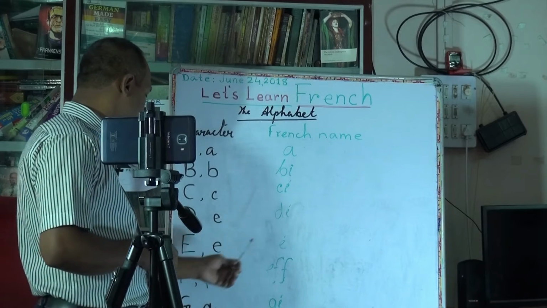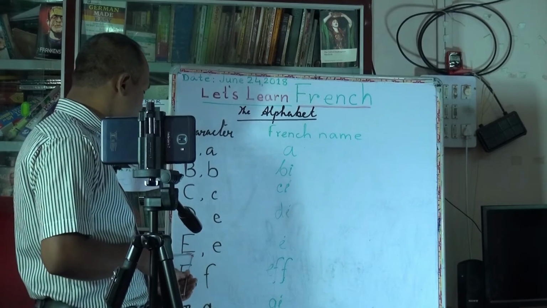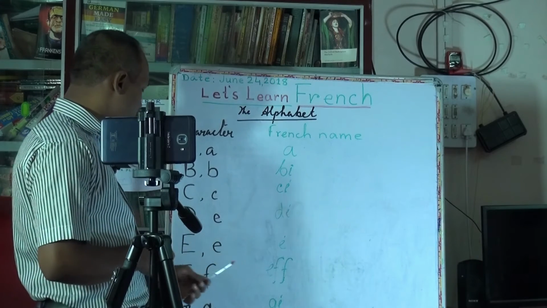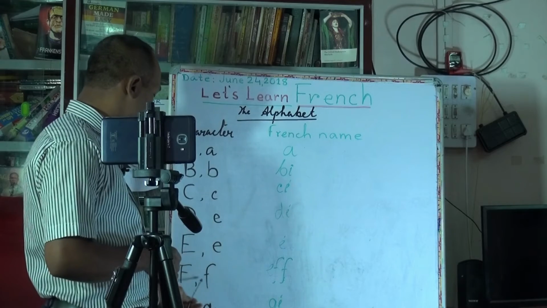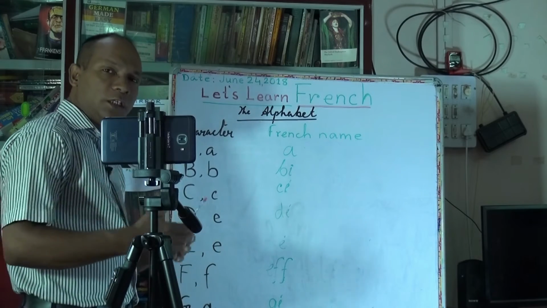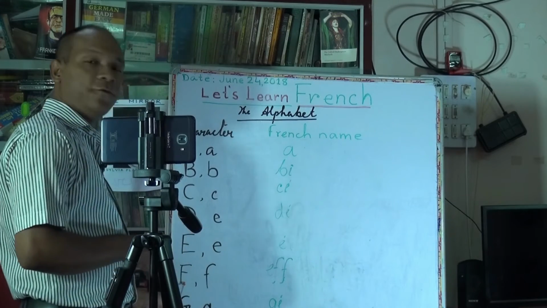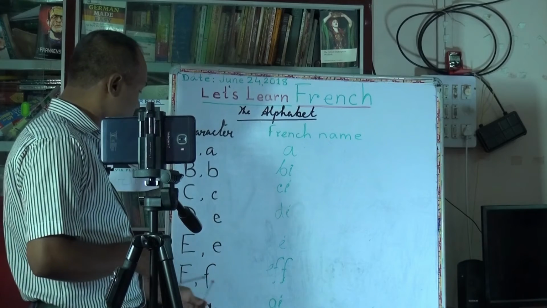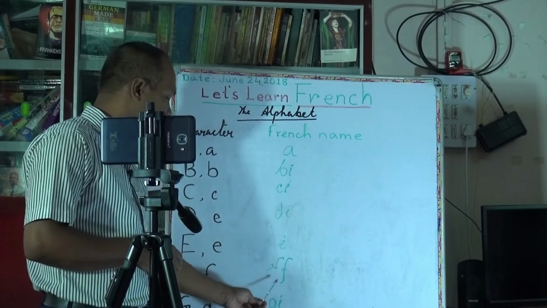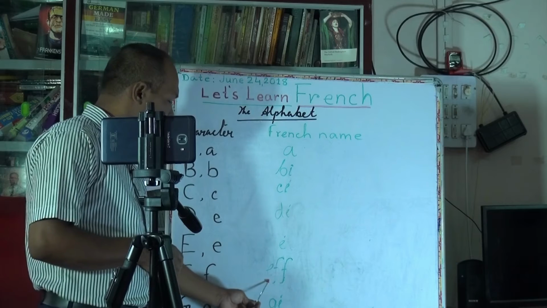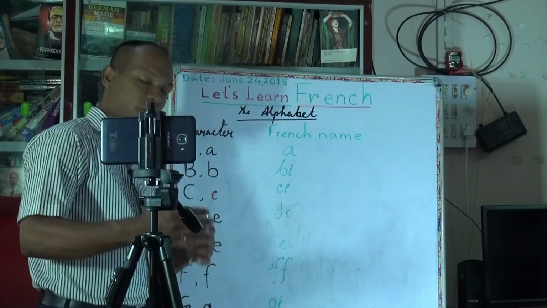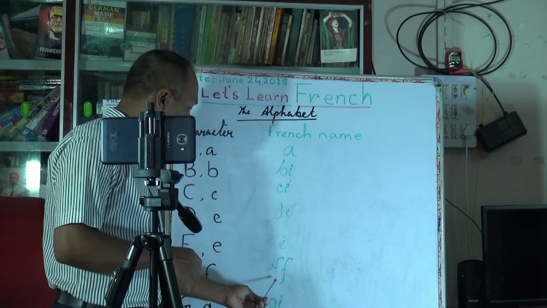Right, so after E we get here. In English phonetically we pronounce it as F, and here we write in French F. You can see it is almost the same. It is rather easy for you to get it. E, F, something like that.